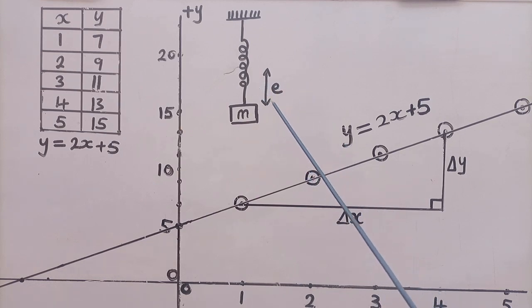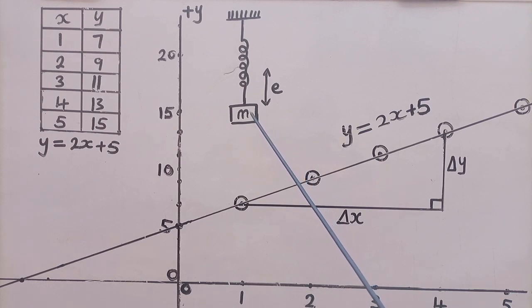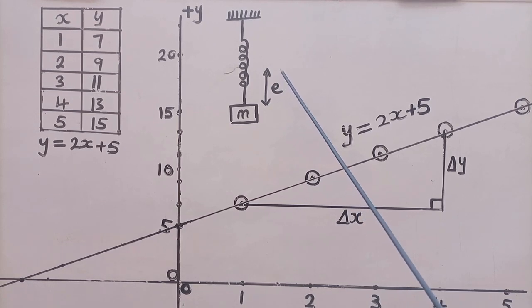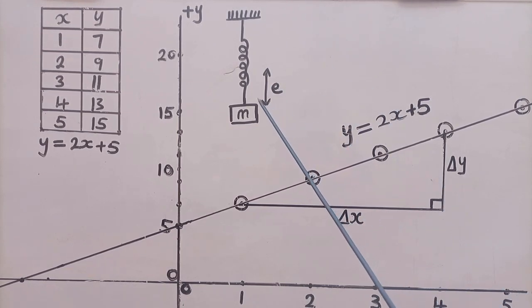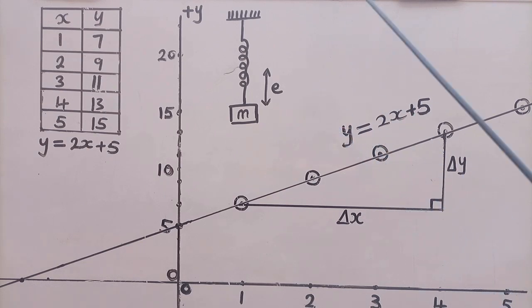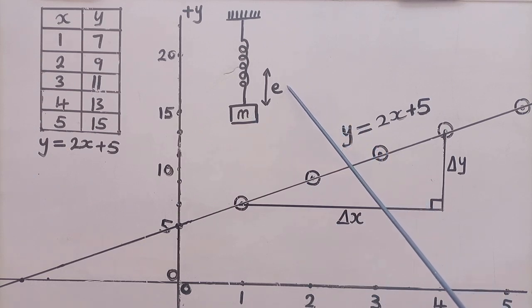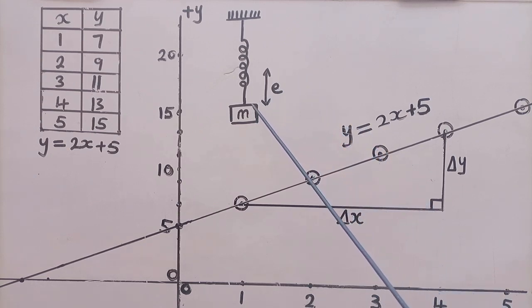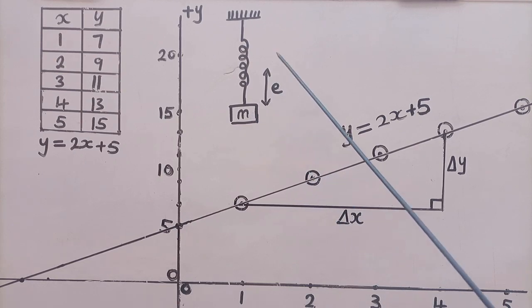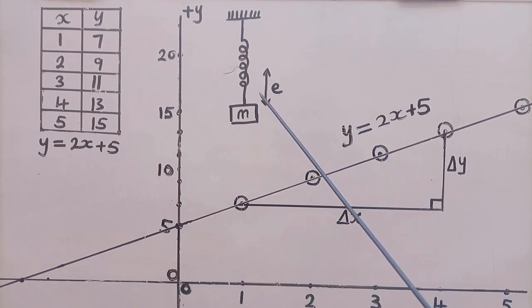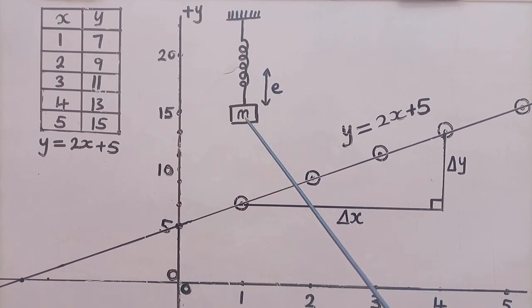Recall that the moment appreciable mass hangs on this spring and it begins to extend, from that time onwards, each time there is any mass added to the former mass, you are going to see more extension. From that time, any increase in mass will produce an increase in extension. Already, the mass changing will produce a change in extension. That was not the case from the start.